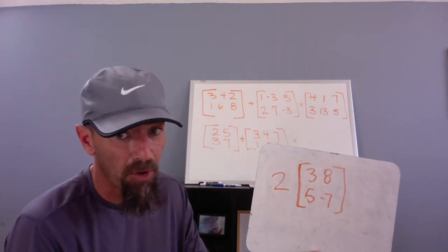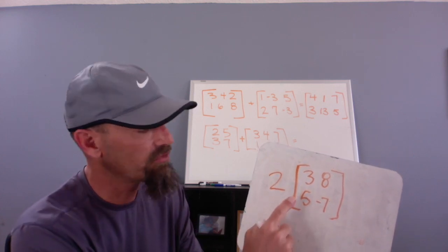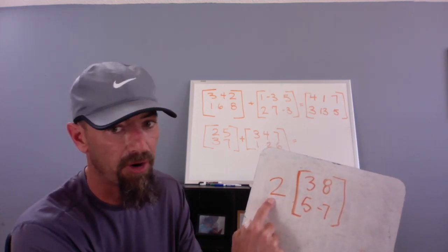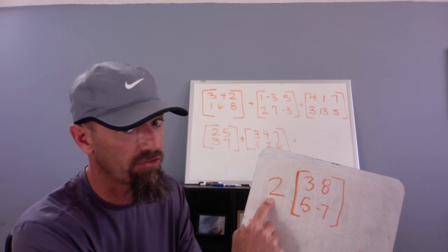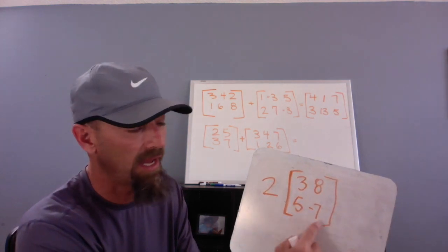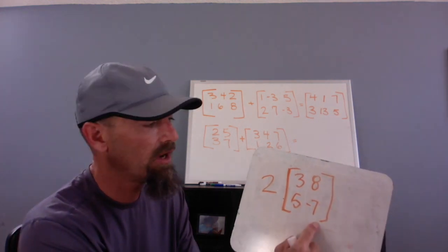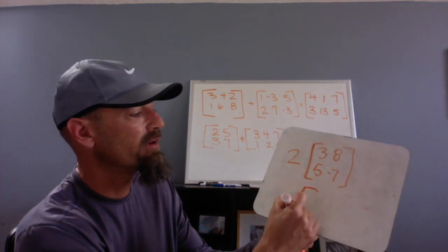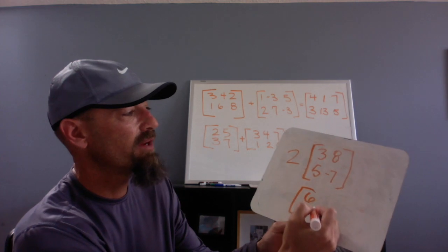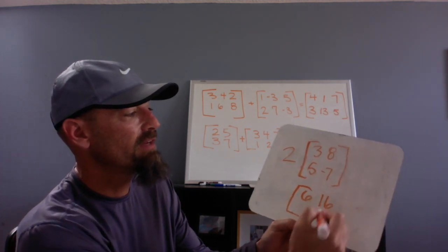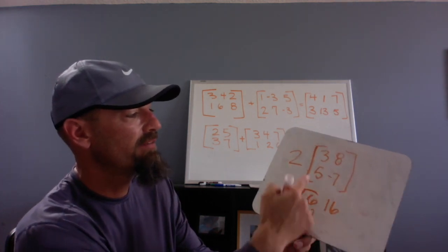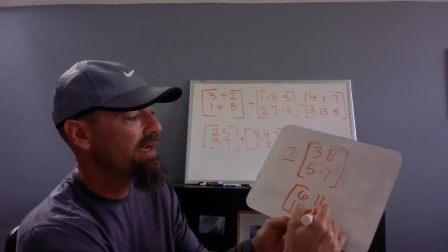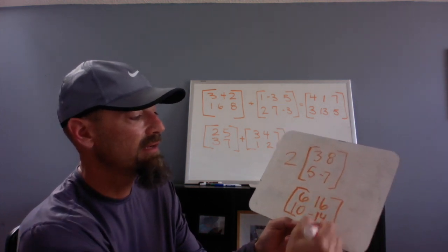Scalar multiplication is going to look something like this, where I have a factor out front, and it kind of looks like distributing, where I am doubling everything in the matrix. If I double this, I would get 6 if I double 3, 16 if I double 8, 10 if I double my 5, and negative 14 down there.